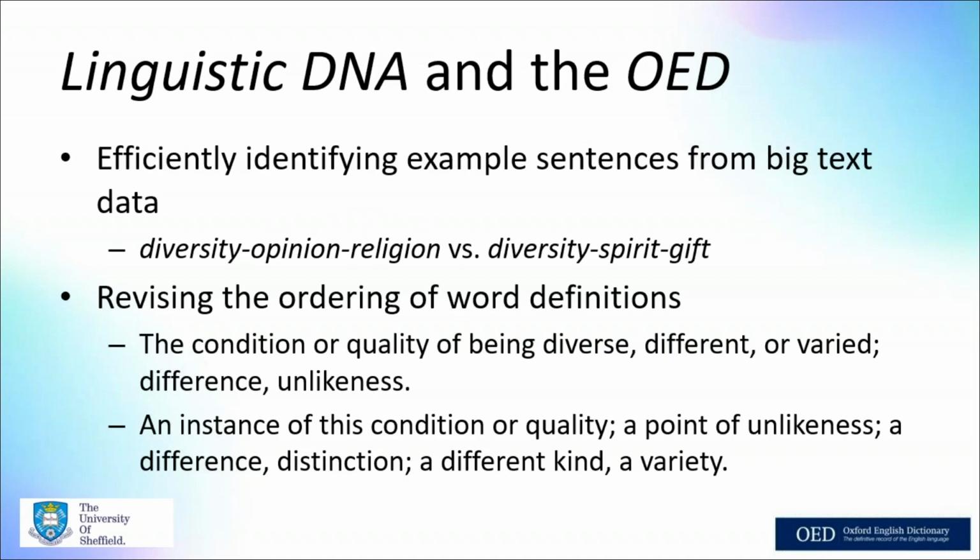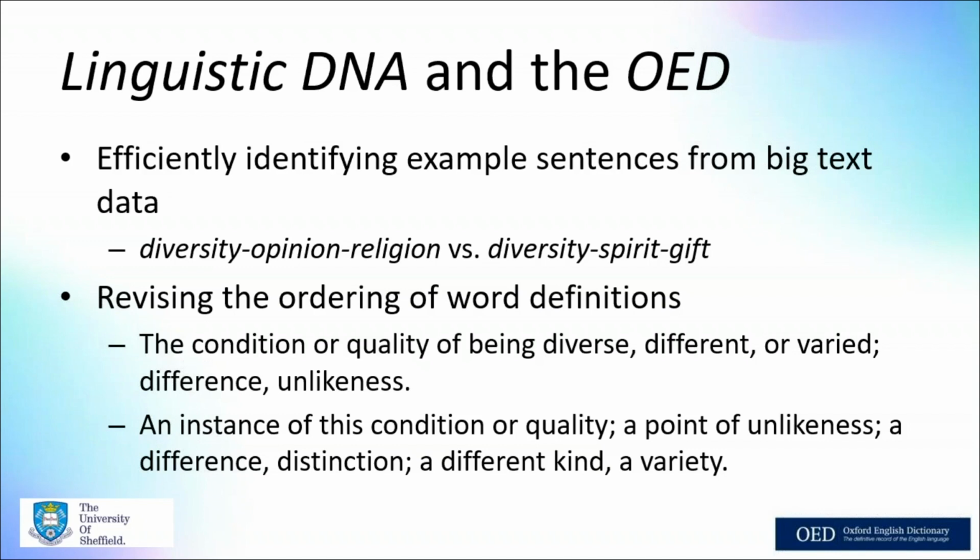So we've been making this data available to the Oxford English Dictionary. We've developed a specific interface for lexicographical purposes, which is used in-house with the OED for 2 specific purposes to start with. The first is to efficiently identify example sentences for the dictionary from big text data.